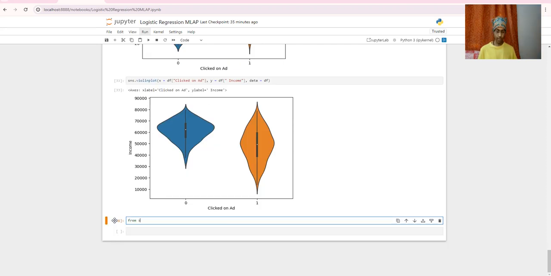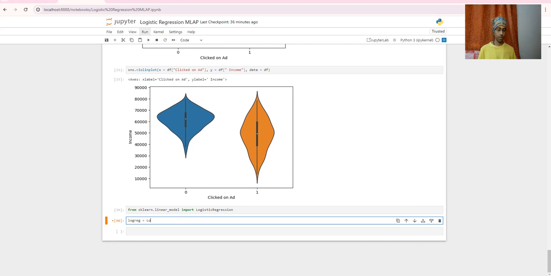From sklearn.linear_model import LogisticRegression. Now we are going to fit the data.